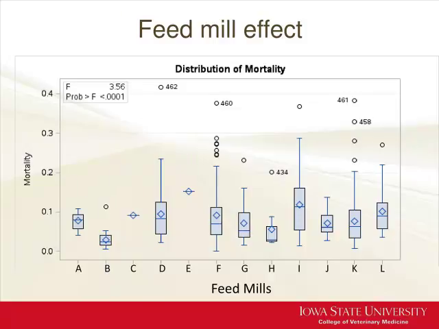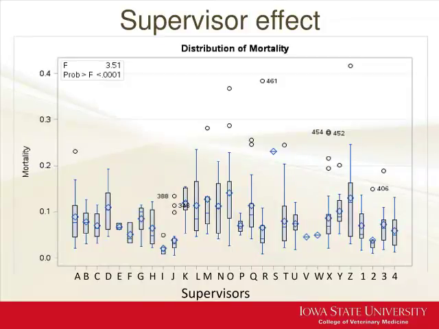Similarly with supervisors, some had adjusted mortality below 2%, some others had really high mortality. We wanted to adjust the model for that, so we included that in the model, not to identify who are the best or who are the worst. That's a different story, but we did adjust the data for that.